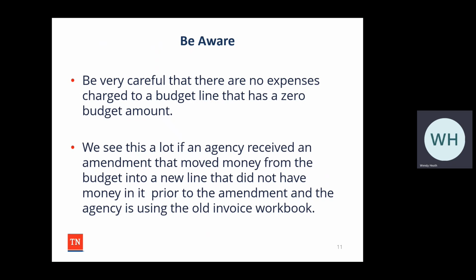So if there is a delay in you getting the new workbook, please reach out to your program manager so they can get with OBF and see if there's any kind of issue that is causing a delay. But please make sure if you have an amendment that's putting money into a line that did not have money in it prior, that you use that new invoice. Because if not, that will get sent back to you and cause a delay in processing your invoice.